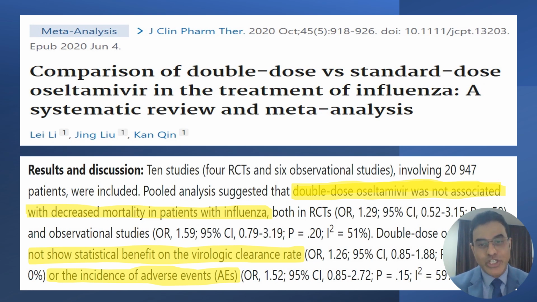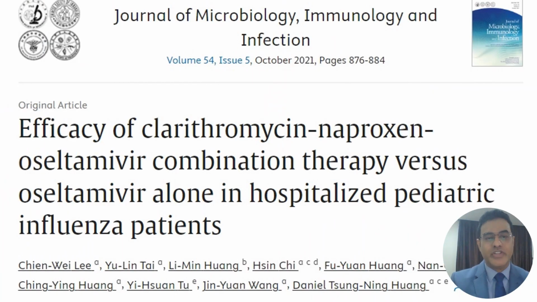But this study has shown that doubling the dose of oseltamivir was not associated with any decrease in mortality in patients with influenza, and also showed no statistical benefit in virological clearance rate or adverse events. So there's no point in giving 150 milligram twice daily to patients on a ventilator or with severe influenza. 75 milligram twice daily is more than sufficient.